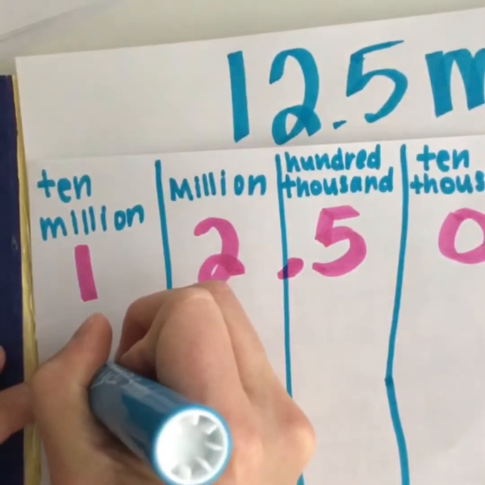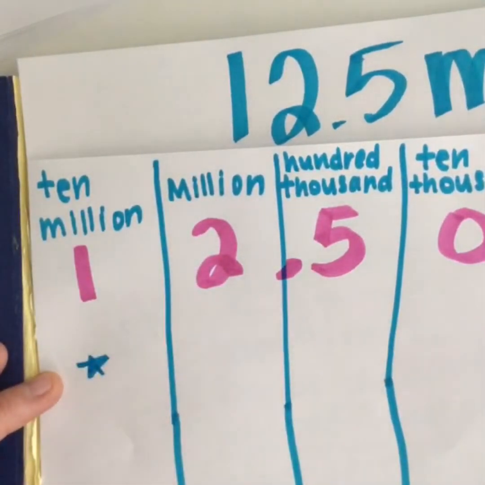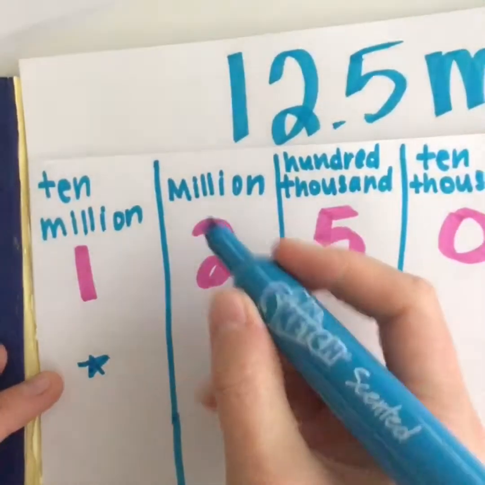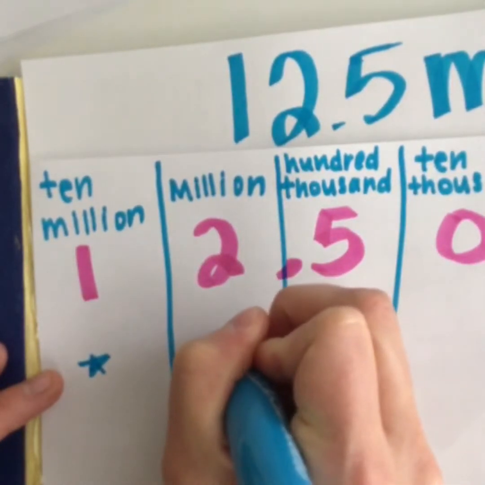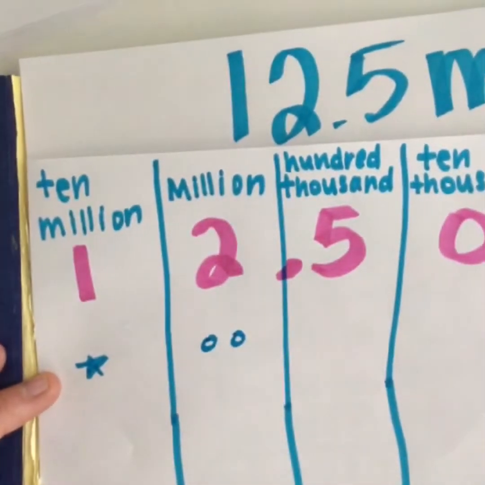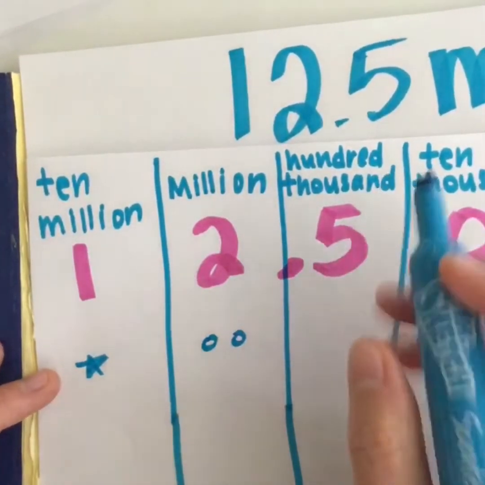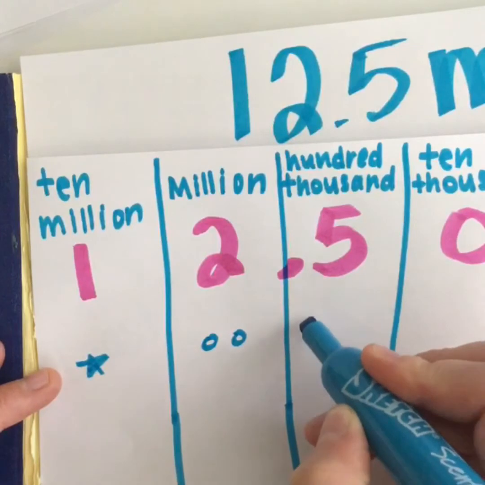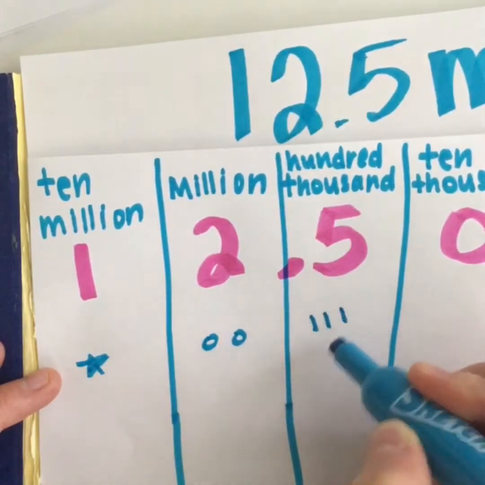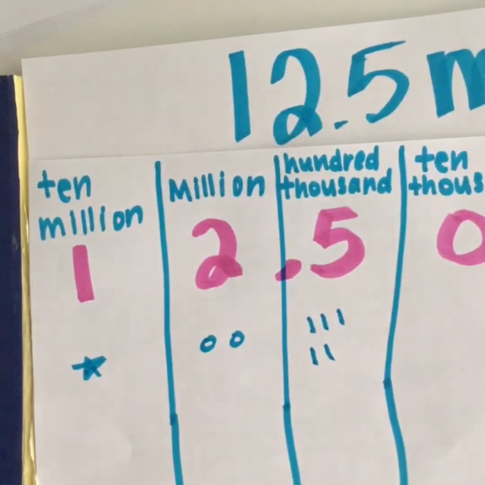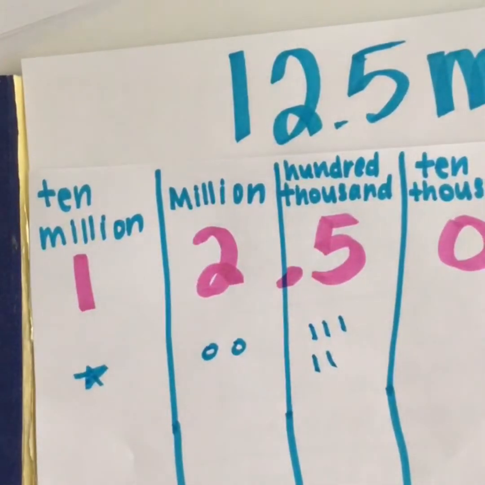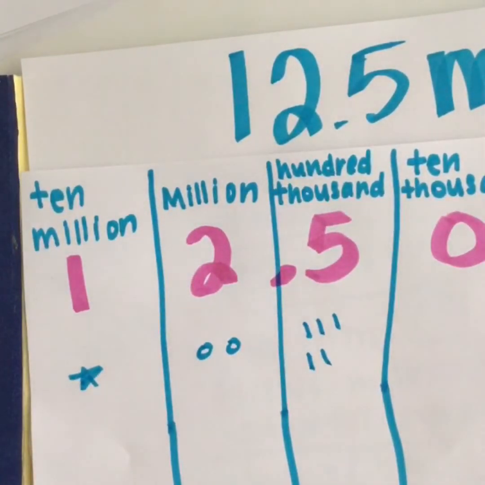So I'm just going to put a star to represent my 10 millions. In my millions place, I have a 2, so I'm going to just put 2 dots to represent my 2 in my millions place. And in my 100,000s place, I have a 5, so I'm just going to make 5 tally marks.